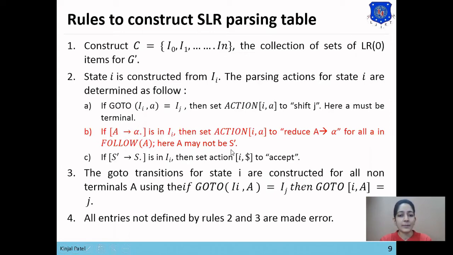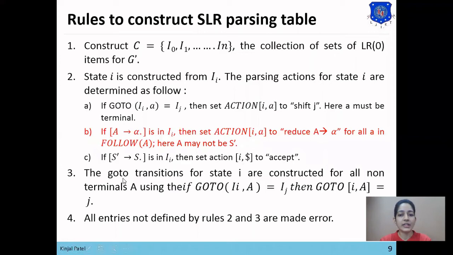Here A may not be S', meaning if A is S', then there is a rule S' derives S. If S' derives S dot is the final item set, then set action[I, $] to accept, so we make the entry of accept in the parsing table.